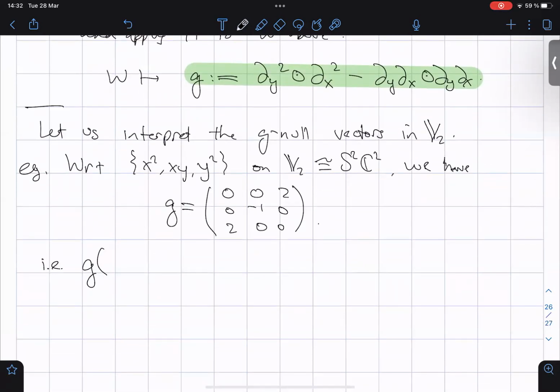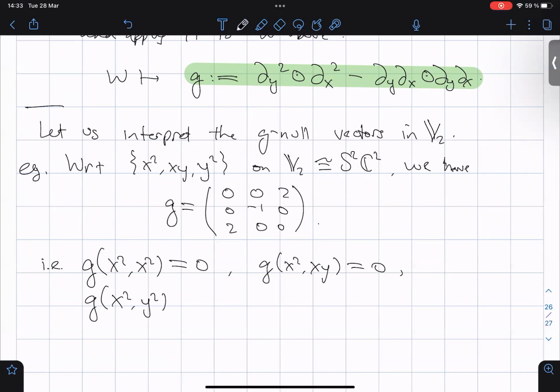I take this G and, when I feed it x squared, x squared is 0. So that's this 0 over here. Okay. G on x squared, xy, well, that's also 0. That's this guy over here. G on x squared, y squared.